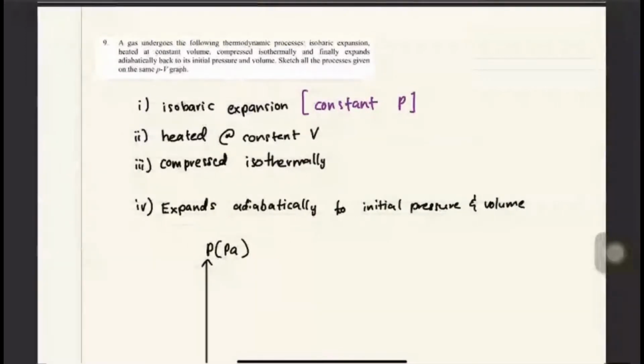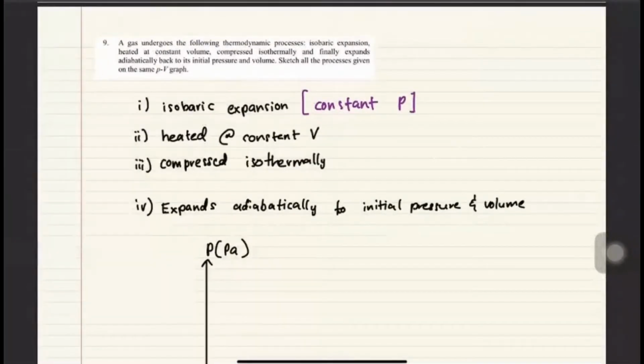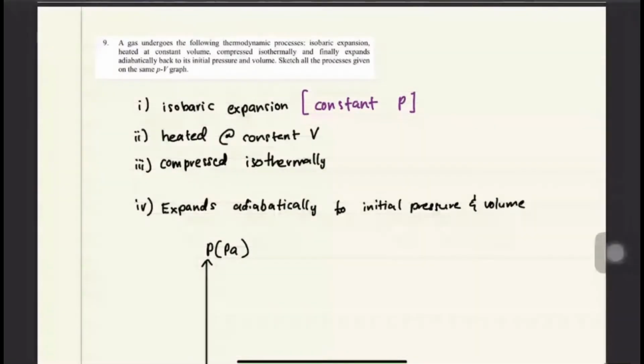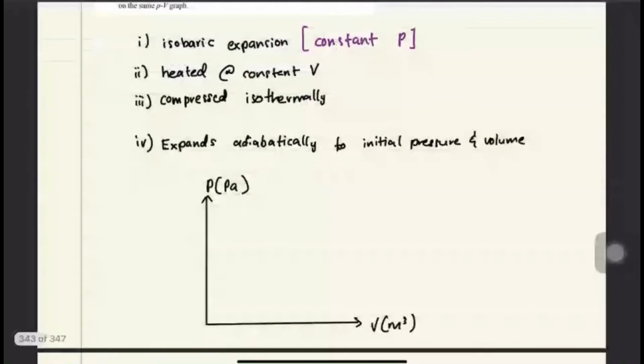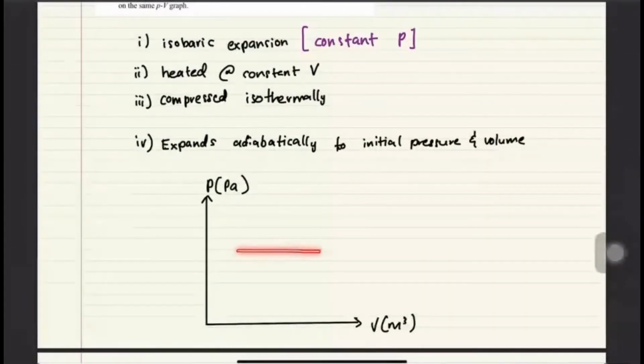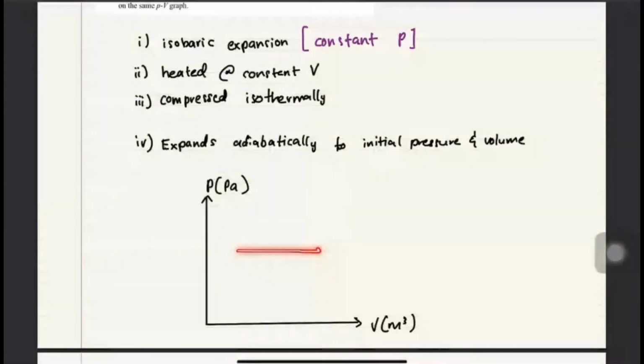Okay, kalau constant P, dalam PV graph kamu, you have a straight line kan? Line kamu tu horizontal ke vertical? Horizontal. Okay, kamu kata dia horizontal. So, maybe macam ni lah, P dia ni kan? Okay, now you have to ask yourself, is it to the right or is it to the left?